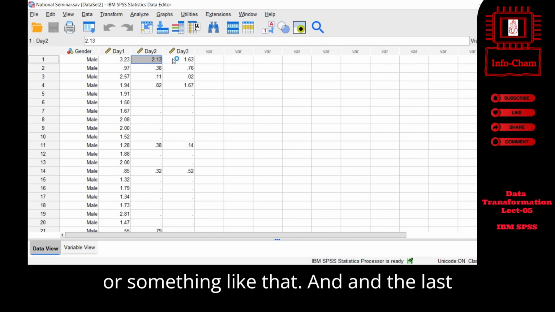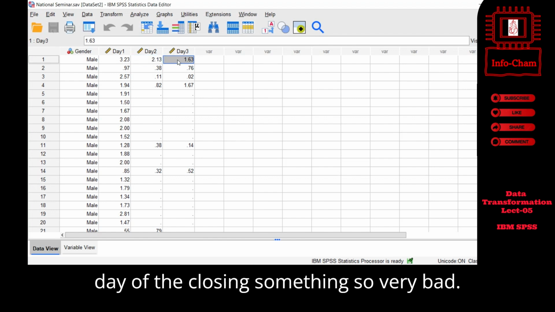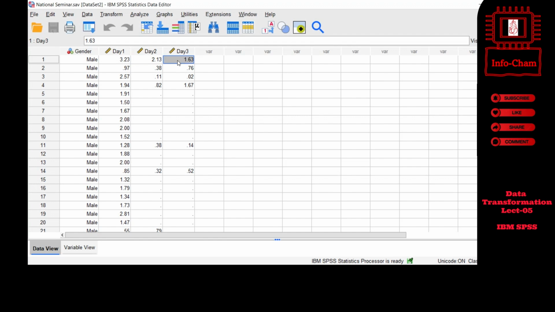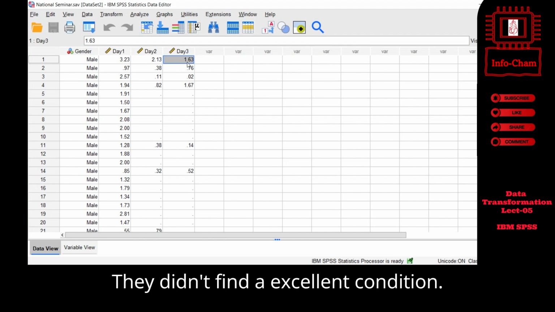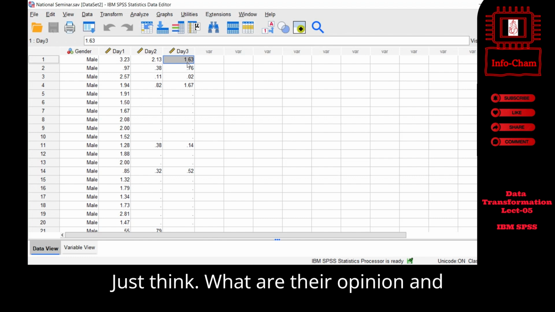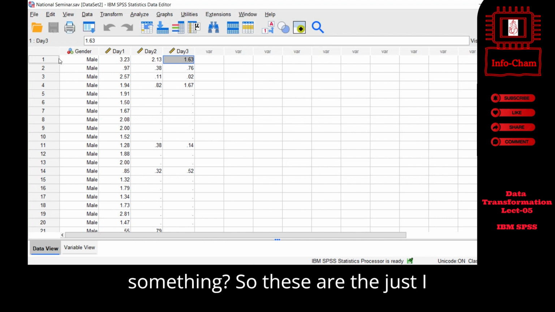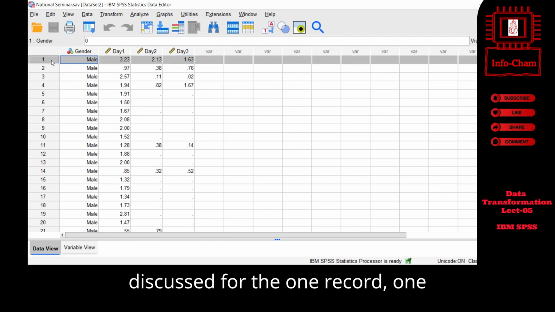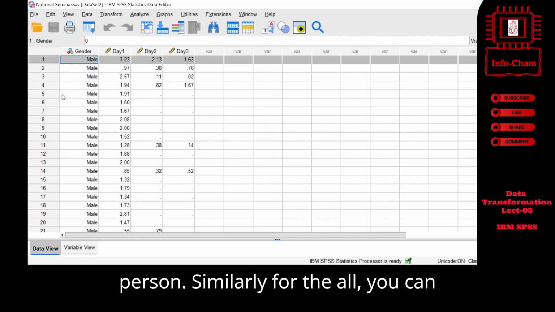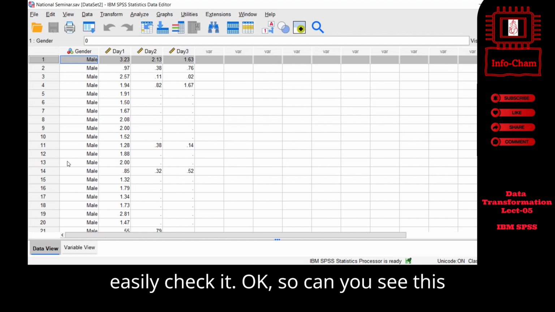On the last day, at the closing, it was very bad; they didn't find an excellent condition. This is for one record, one person. Similarly, you can easily check it for all.